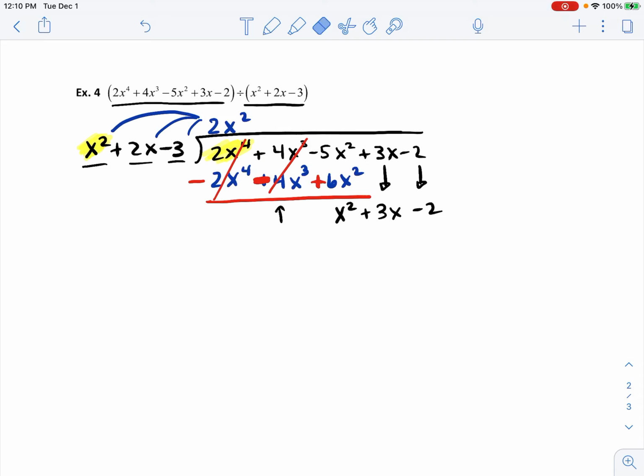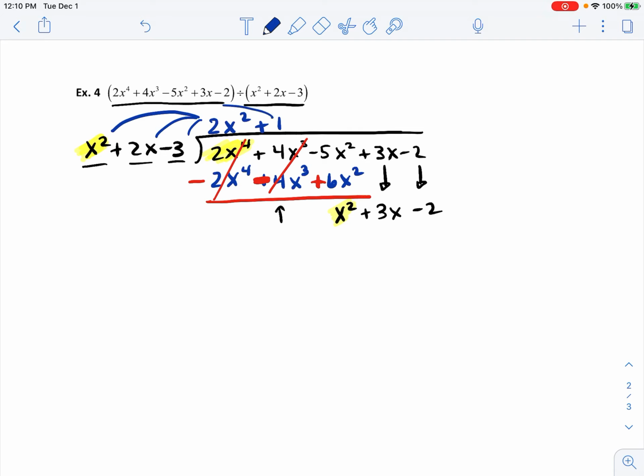Okay, so let's go ahead and do it again. Ready? I need to think of, what do I have to multiply x squared by to get x squared? Well, I just need to multiply that by a 1. So I'm going to do a little plus 1. Sorry, my colors are off. So I'm going to multiply this by a positive 1.